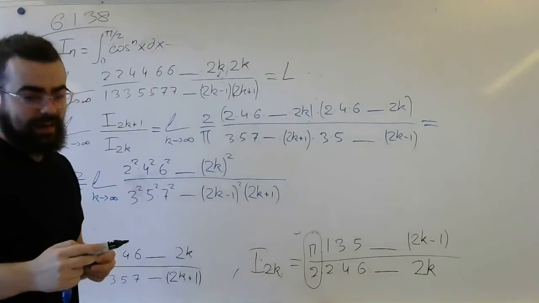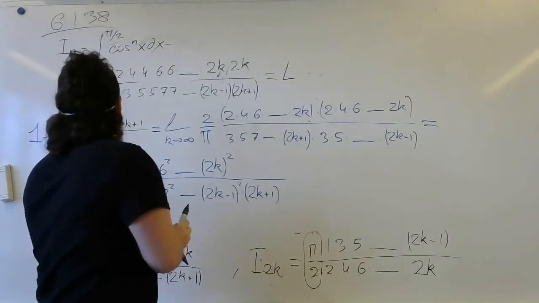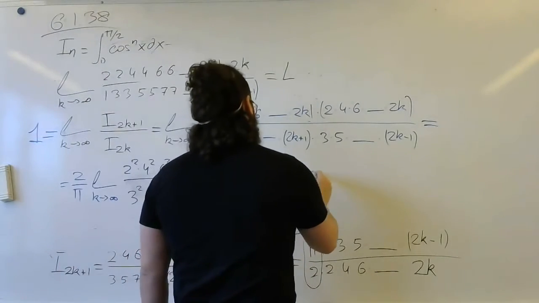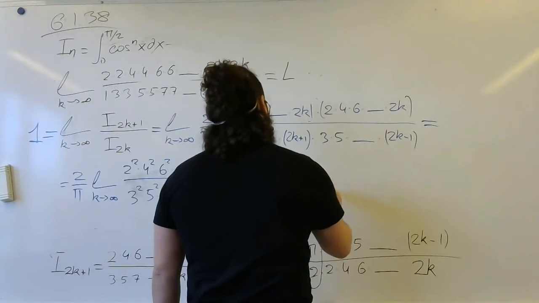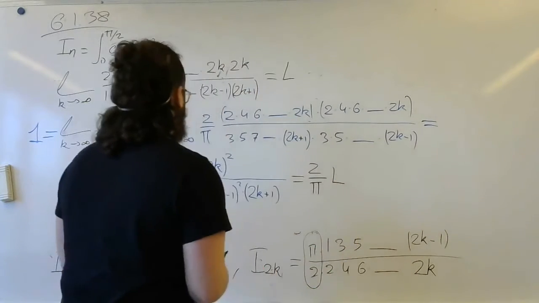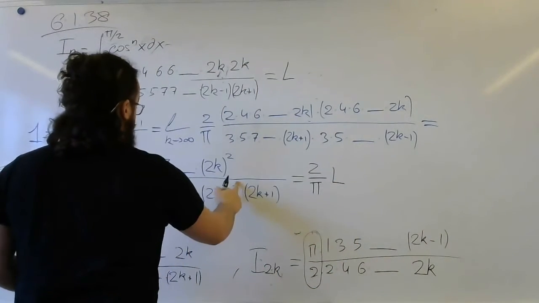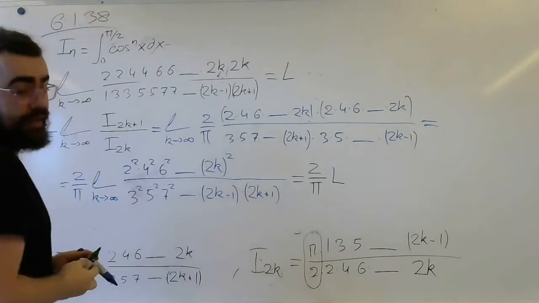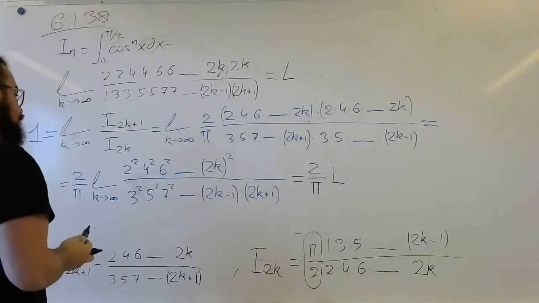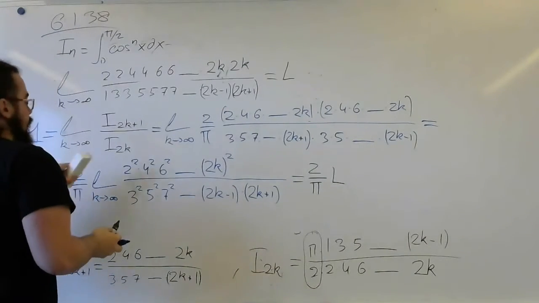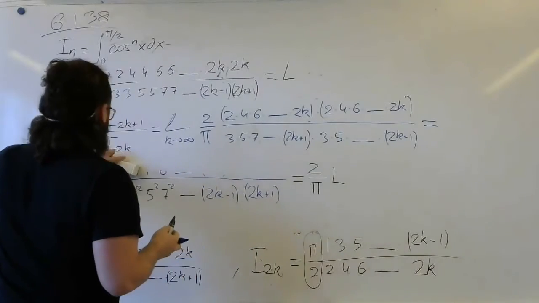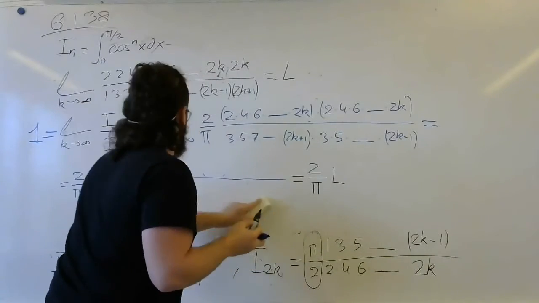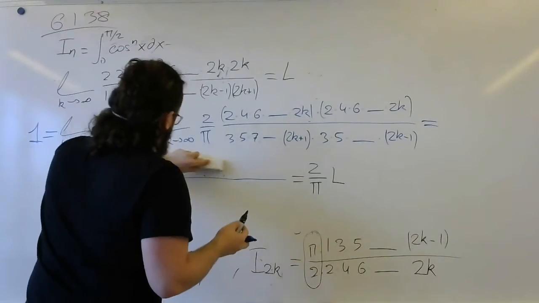If I call that L, this thing right here is 2 over pi times L. I'm going to leave that squared because the term is inside. Or maybe I'm going to rewrite it in the other way, just for the sake of clarity.